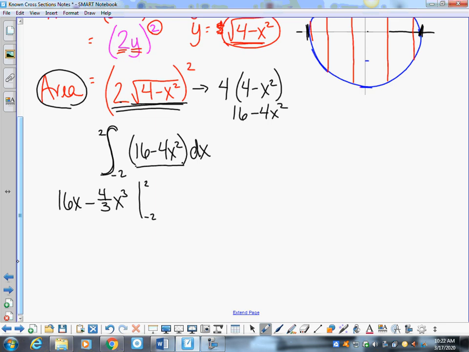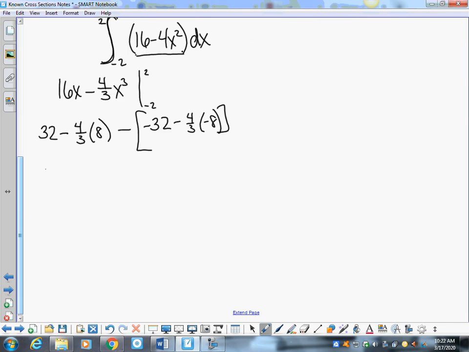So if I plug in a 2, 2 times 16 minus, all right, let's plug in a -2. Minus, so 32 minus 32 over 8 minus -32 plus 32 over 8.